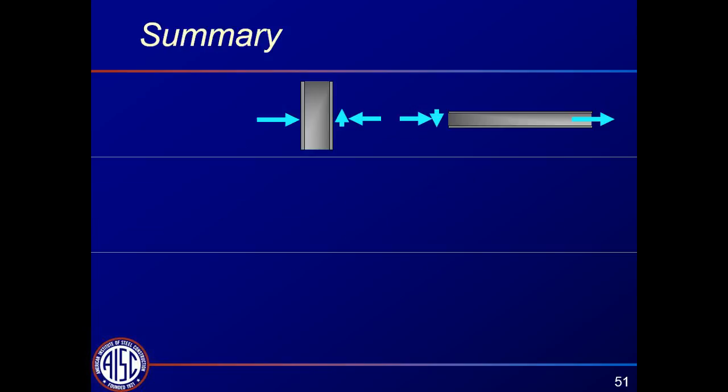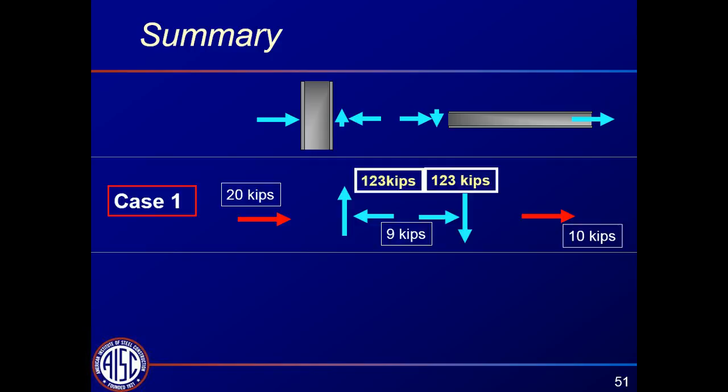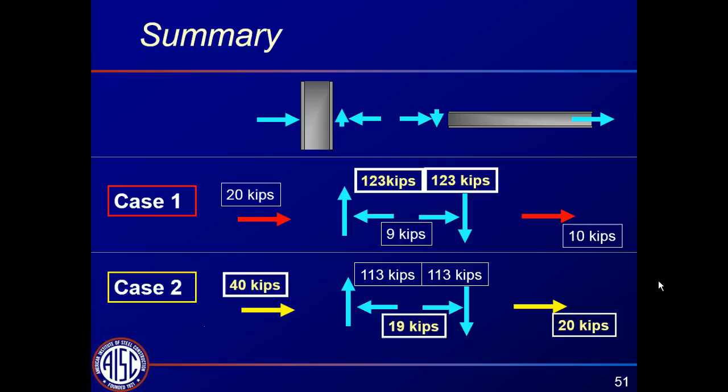So here are the forces that we're looking at that we use statics to solve. Case 1 gives us the higher vertical forces at the face of the column and in the beam stub. And case 2 gives us the larger horizontal forces, both the collector force outside of the connection and the horizontal force going through that connection.